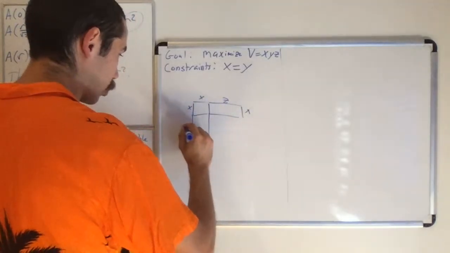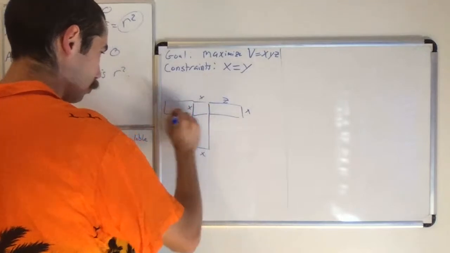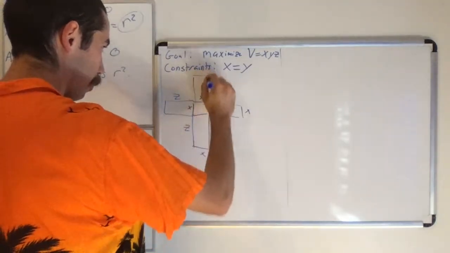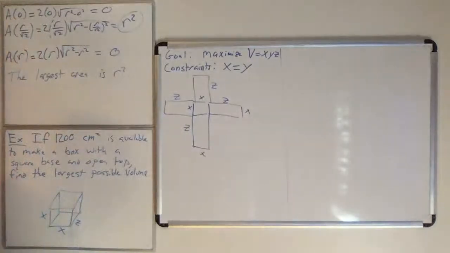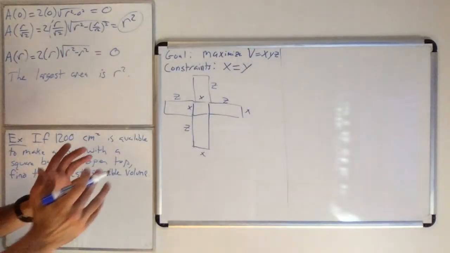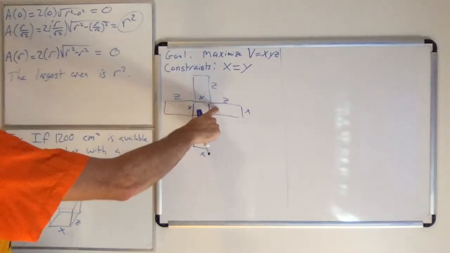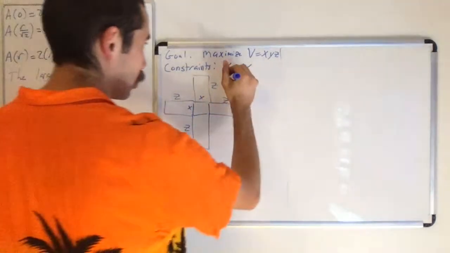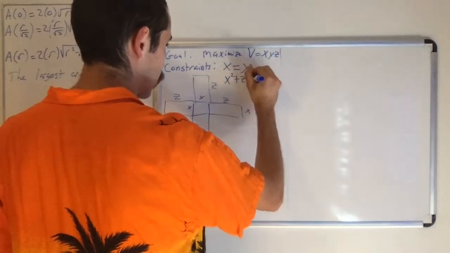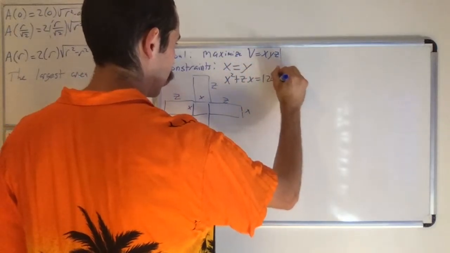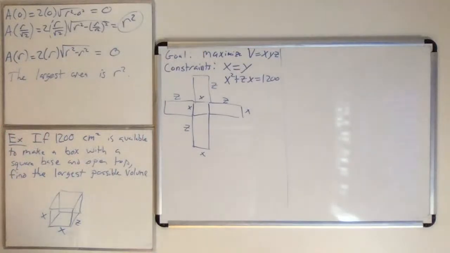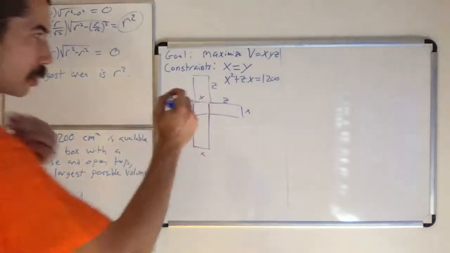Here's me unfolding the box. Right, since there's no top to the box, I unfold it. There's one x by x face, and there's four z by x's. So x squared plus zx equals 1200. And so we could solve for z.